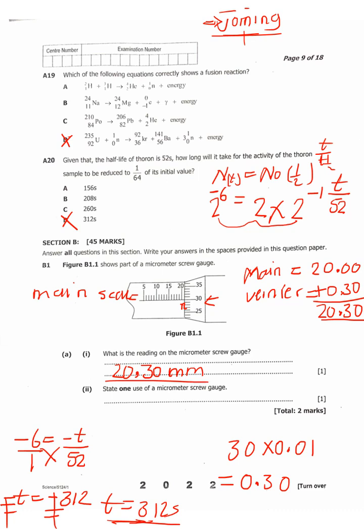Now for Roman number 2, state one use of a micrometer screw gauge.